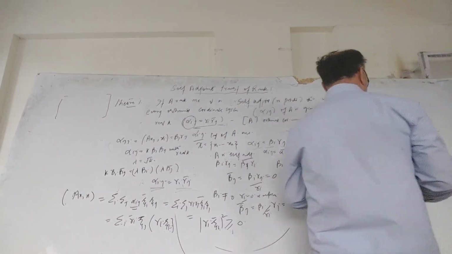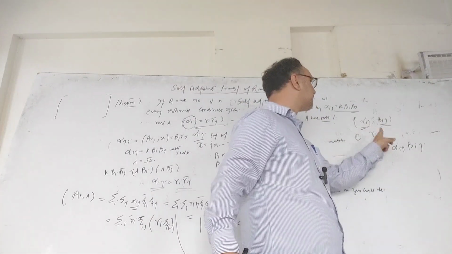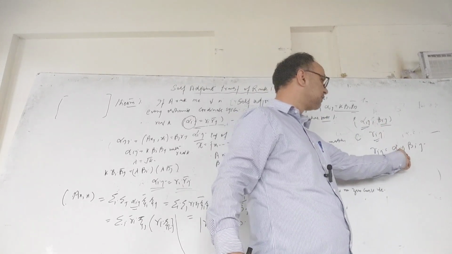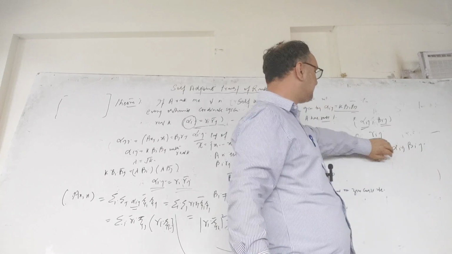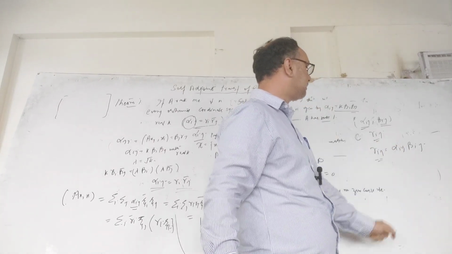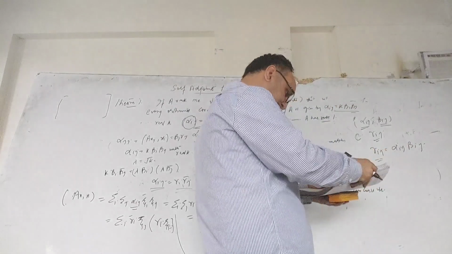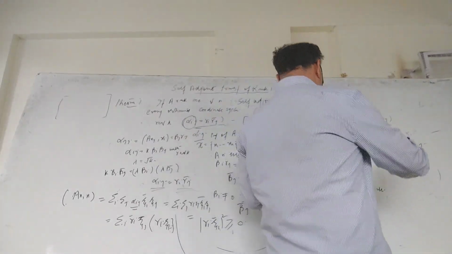So the elements of C can be written in terms of A and B. C is a combined matrix, these are the individual elements, and it can be written like this. And they should be positive.